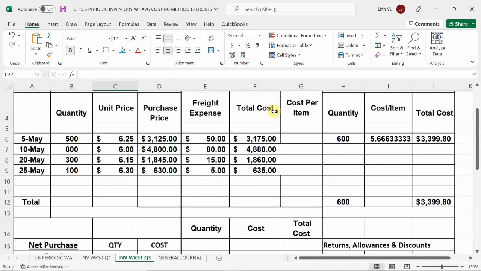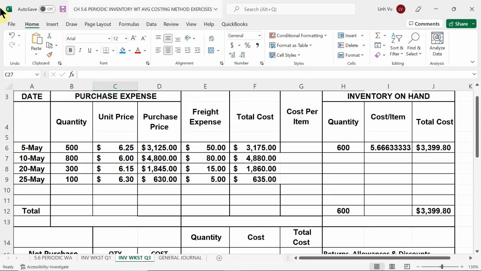So now let's tally up our totals again to find out what our totals are here.